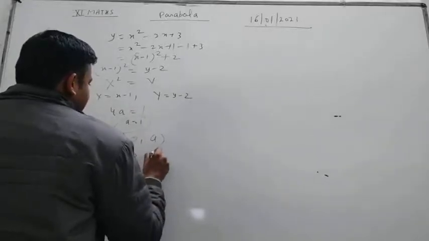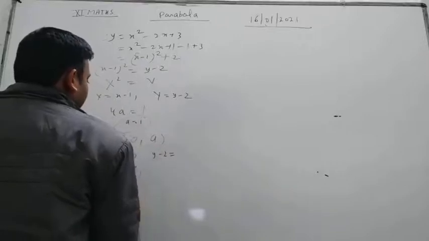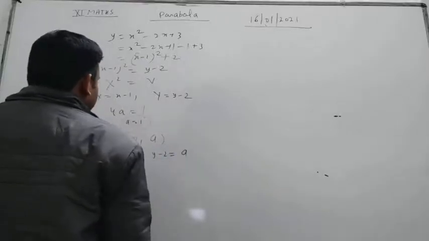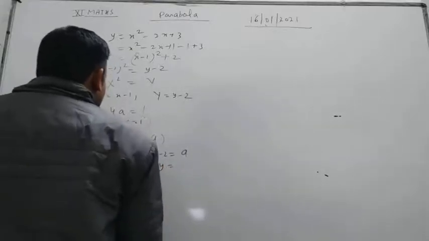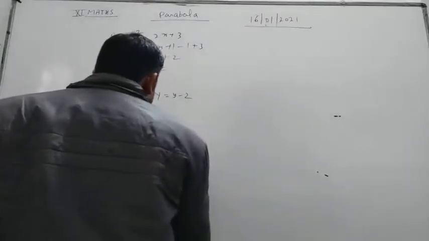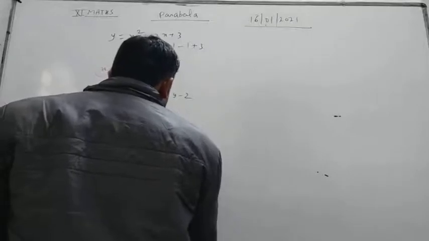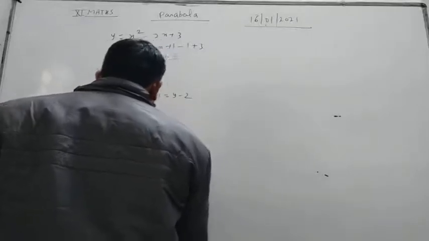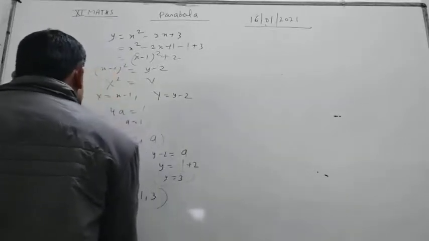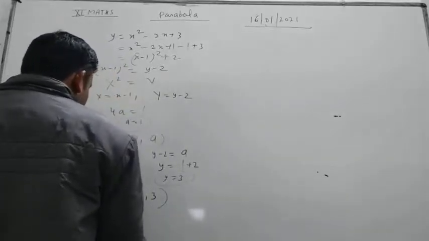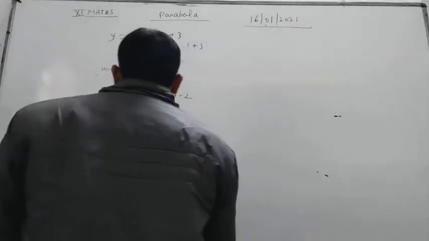And y minus 2 is a, so y is equal to 1 plus 2, which is equal to 3. So focus is (1, 3). Okay, student? Focus is (1, 3).